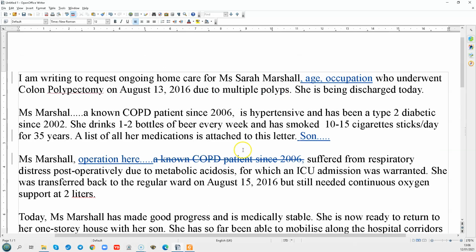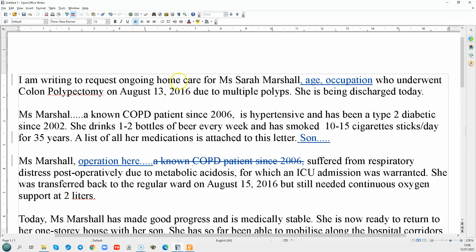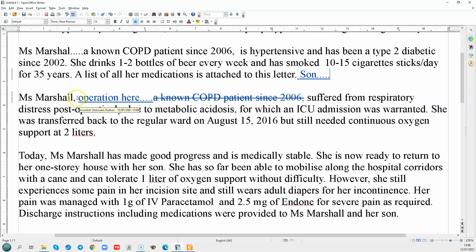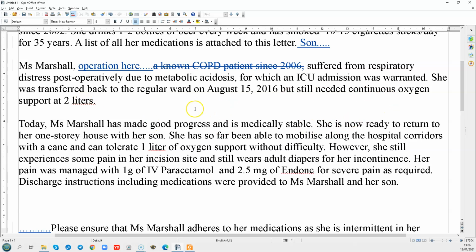Maybe you rework things a little, so you've got one theme per paragraph. For the reason for writing, we don't need all that there, as I say. Put the medical and social stuff there, including the son. Okay, she was admitted, and then so on.